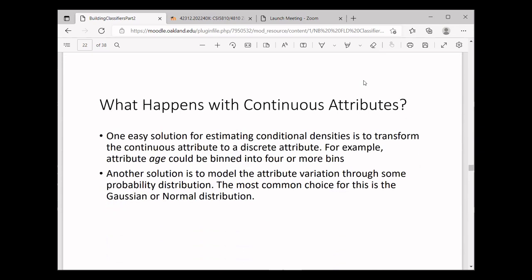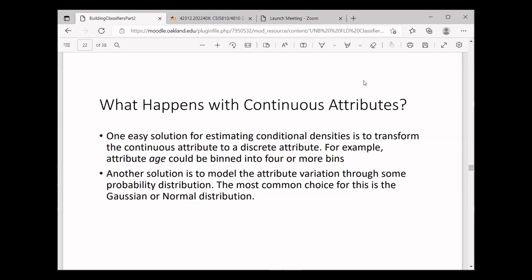So now let's see what happens when you deal with continuous attributes. That is, we are not talking of 1, 0 or words, but we are talking of actual numbers. For example, temperature or weight or anything else. All right. So when you have to estimate these conditional probabilities for continuous features, you have 2 possibilities or 2 approaches.